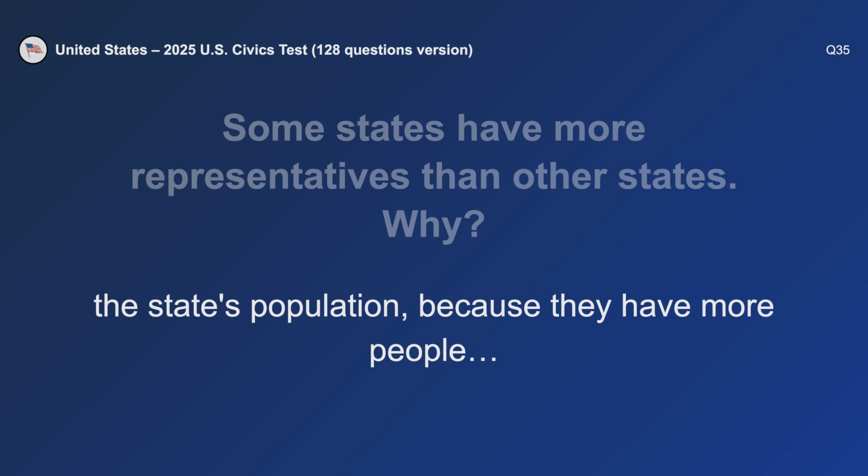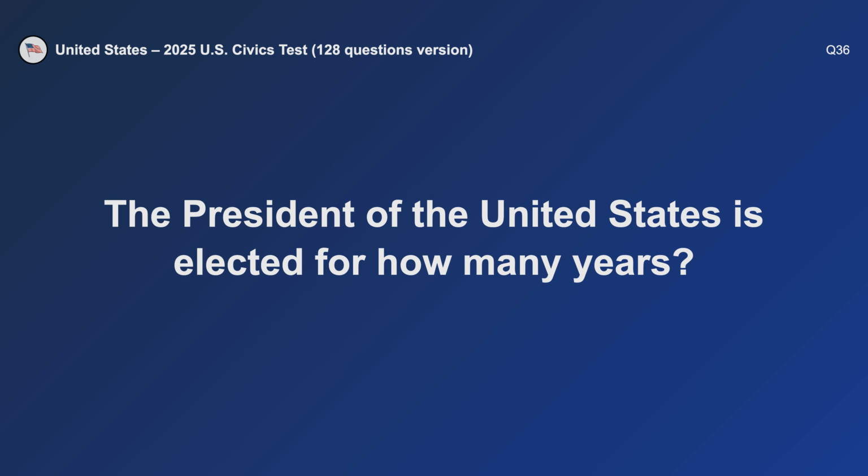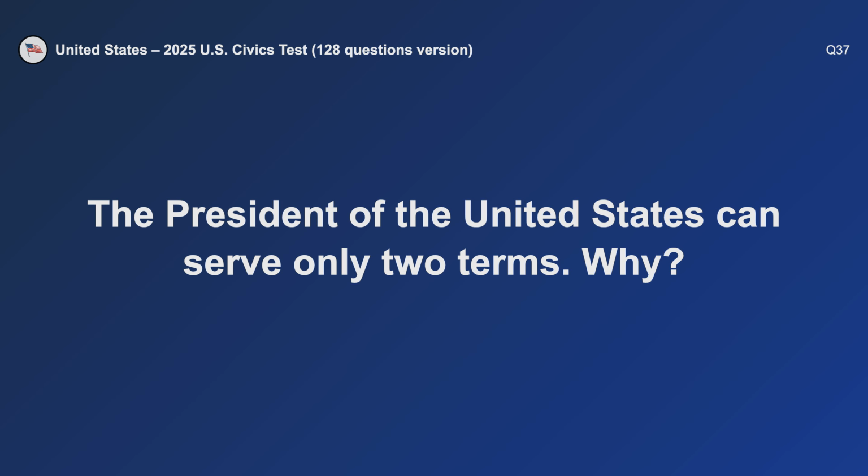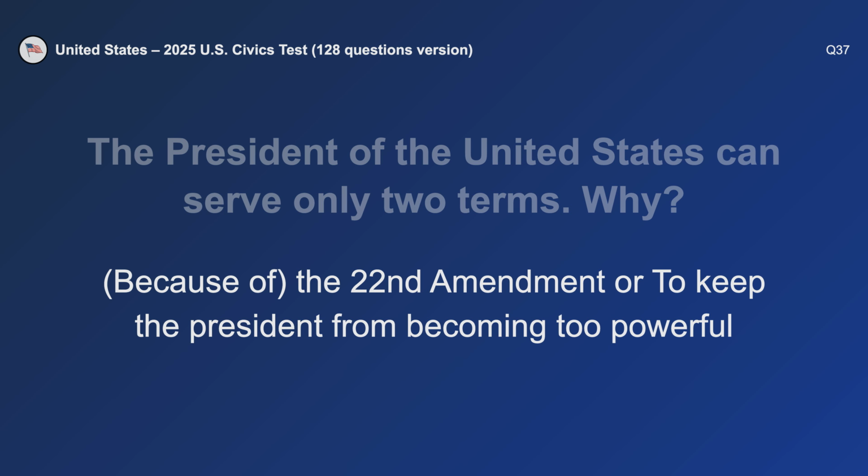They have more people. The President of the United States is elected for how many years? 4 years. The President of the United States can serve only 2 terms. Why? To keep the president from becoming too powerful.